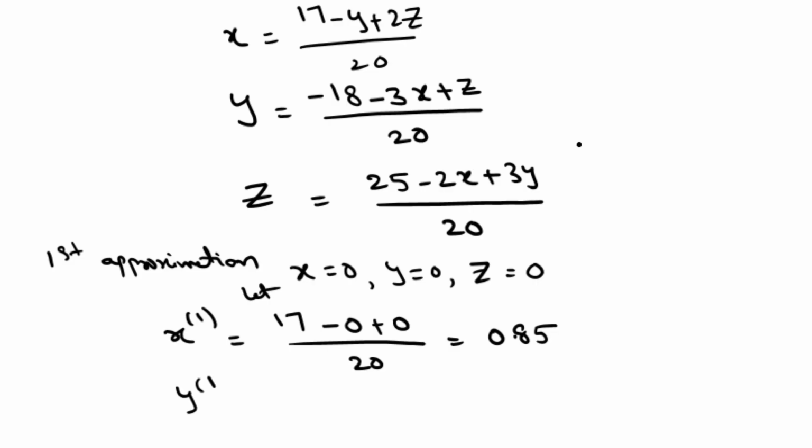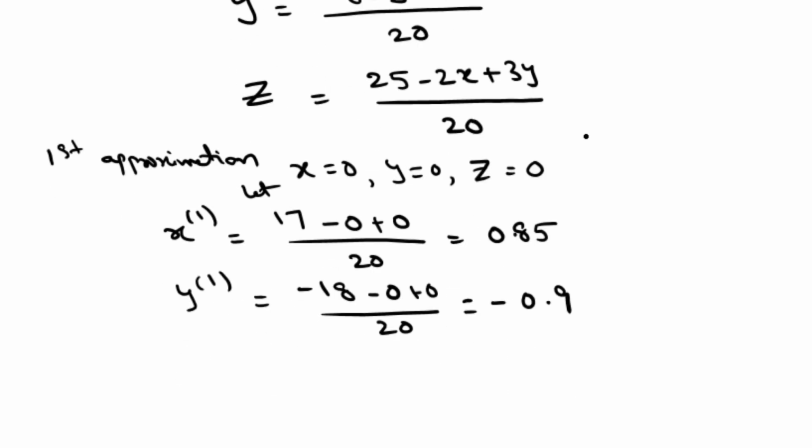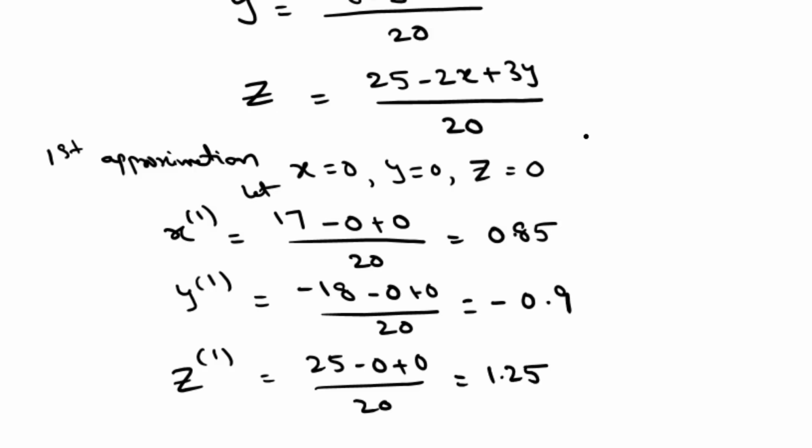y in first iteration is equals to minus 18 minus 3x, 3 into x is 0 plus z is 0 divided by 20 is equals to minus 0.9, and z in the first iteration is equals to 25 minus 0 plus 0 divided by 20 equals to 1.25.